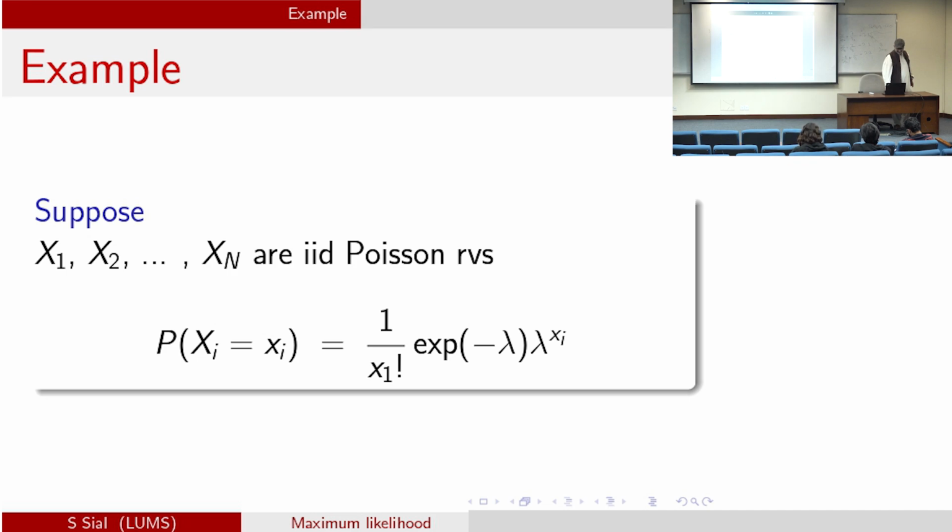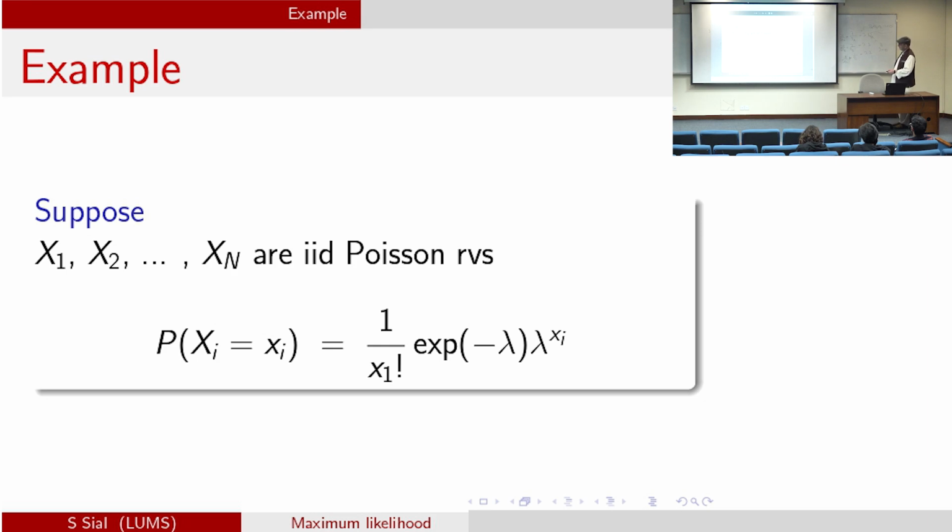Let's make it a bit more interesting. Okay, so I have Poisson random variables. They are identical, so they all have the same parameter lambda. And they're independent.